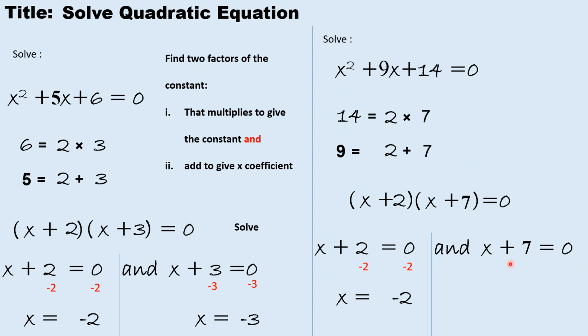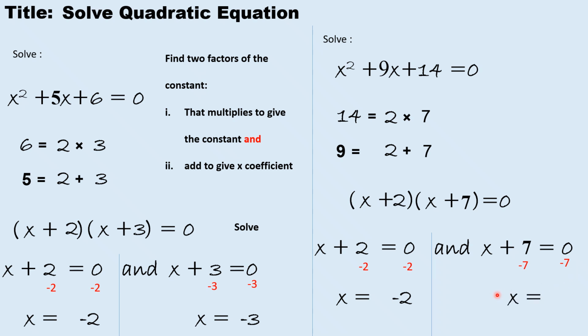Let's solve the next part of the equation. x add 7 is equal to 0. Again, undo the last operation done to x. The last operation is add 7. Let's undo add 7, and the reverse of add 7 is take away 7. If we take away 7 from the left-hand side of the equation, we have to take away 7 from the right-hand side of the equation as well.